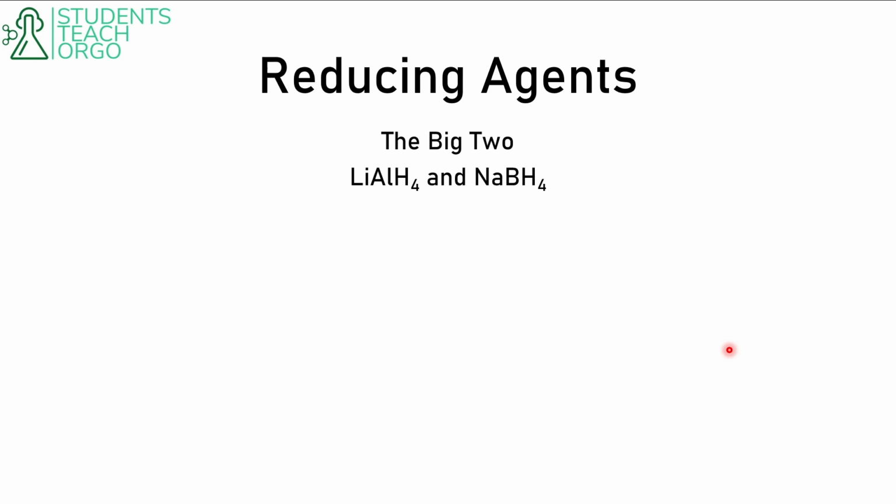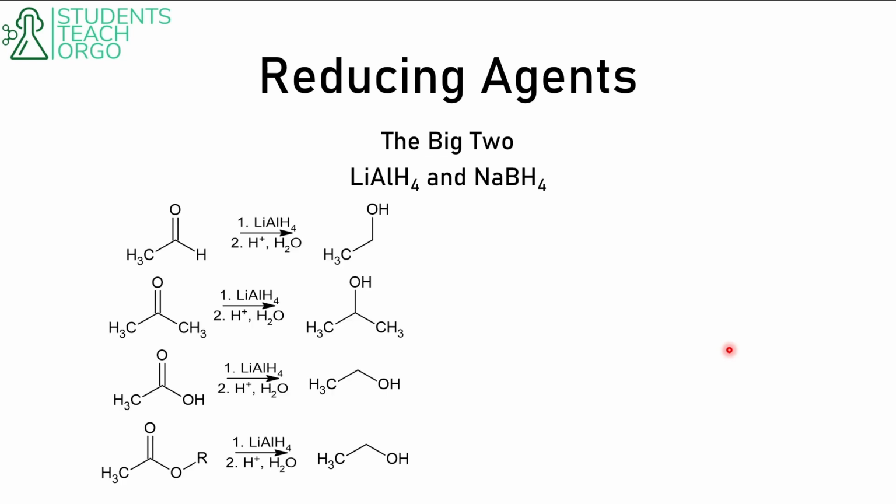Okay, now we'll get into the reducing agents. The big two are lithium aluminum hydride, or LiAlH4, and sodium borohydride, or NaBH4. For lithium aluminum hydride, there are a couple of things that it can do. Firstly, looking up here, it can reduce aldehydes to primary alcohols, like you see here.